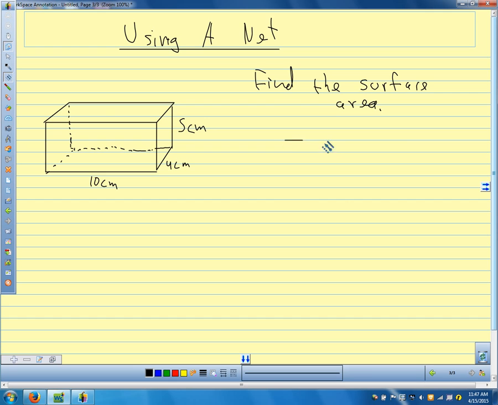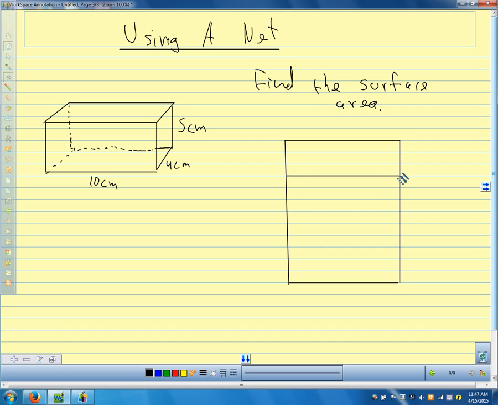I know my drawing might not necessarily be perfect, but we'll get the idea here. Came out pretty good. And then we need to draw the ends here. So these are the two end pieces that I'm calling the bases.